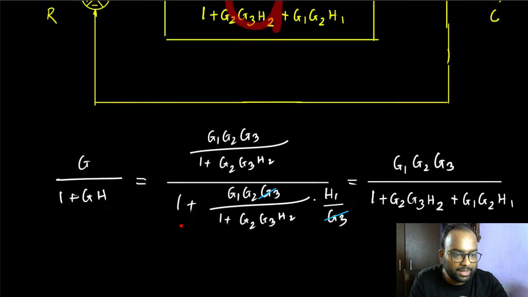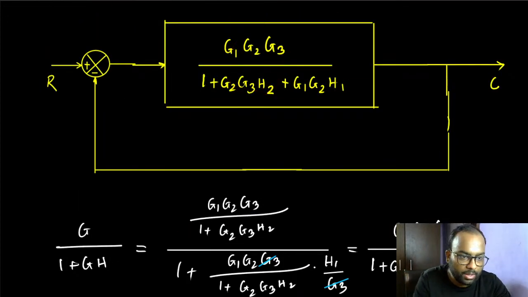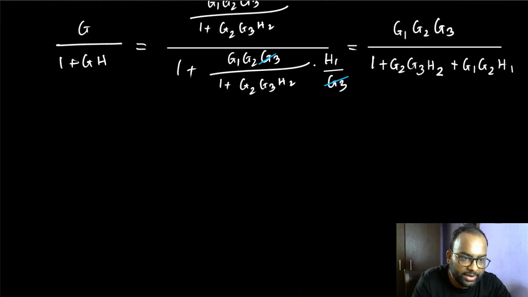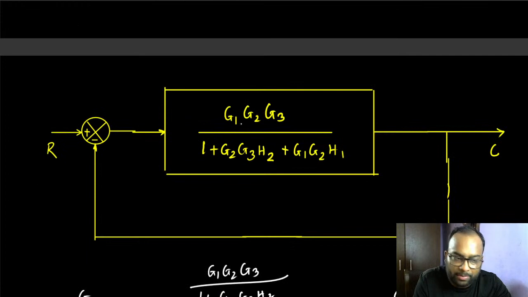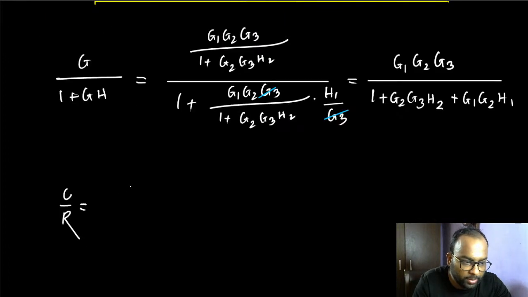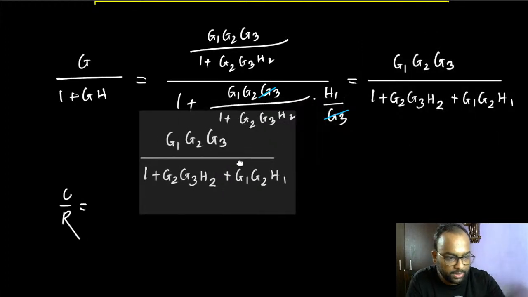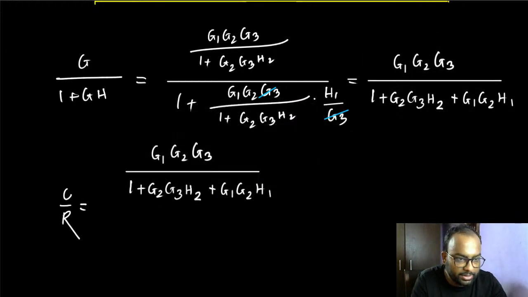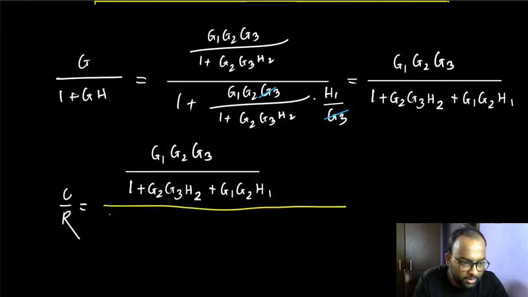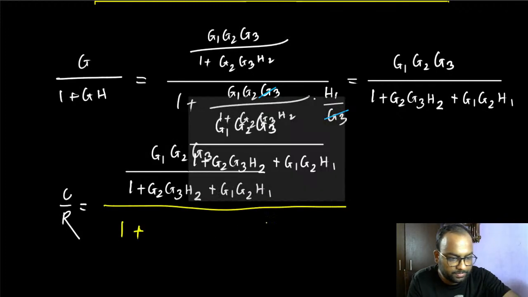So with that said, the total transfer function, which is denoting the ratio of the output to the input, which is ultimately C by R, is going to be the unity feedback loop of this, which is going to be G by 1 plus G, and now of course G is this quantity. So let's copy this quantity, that divided by 1 plus that.